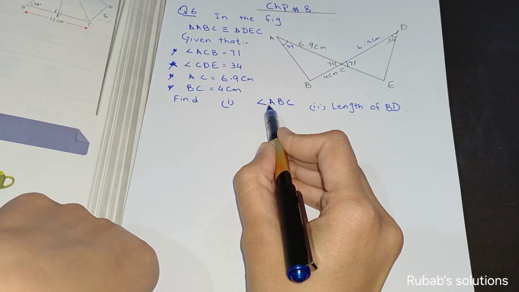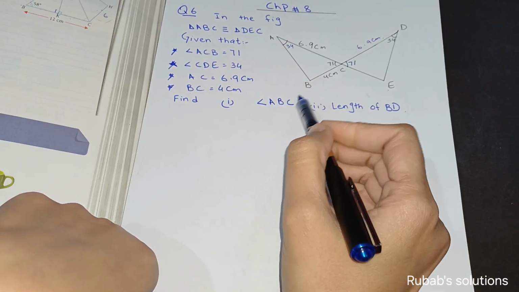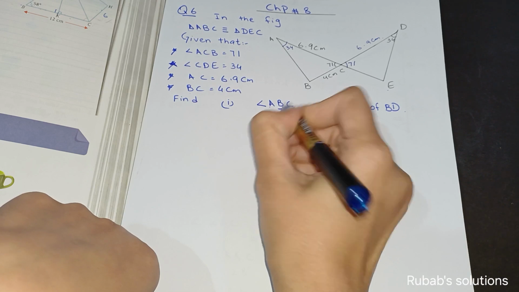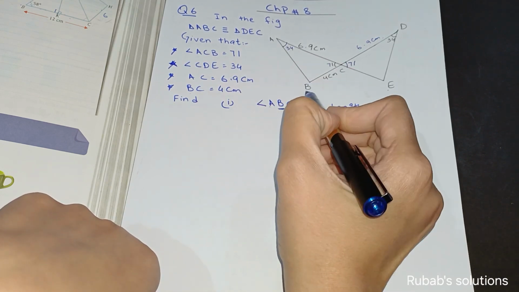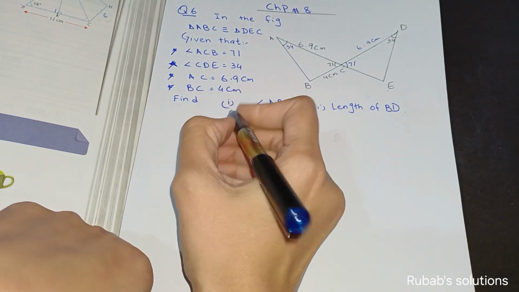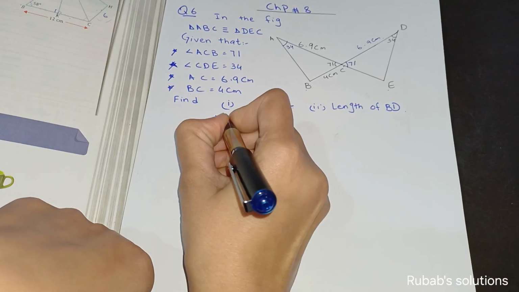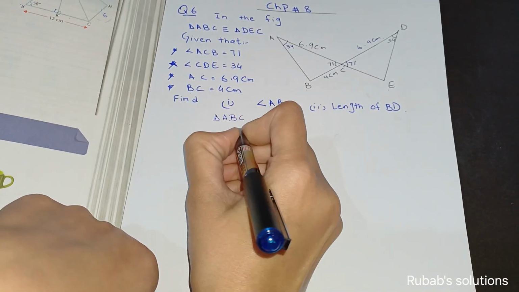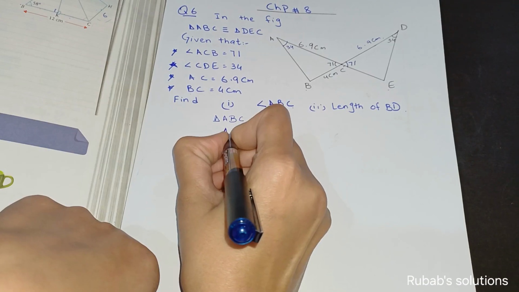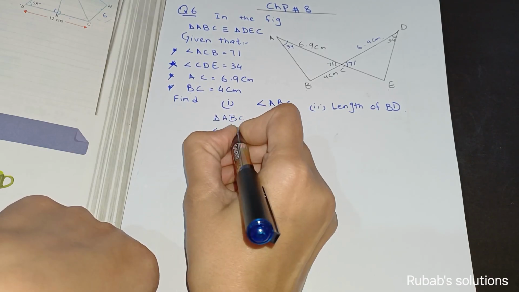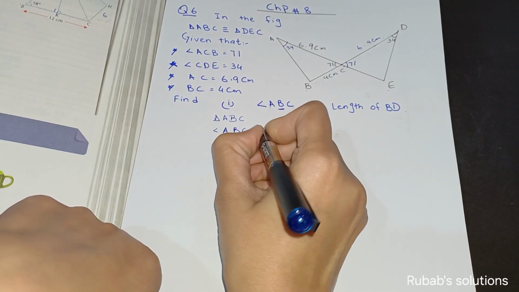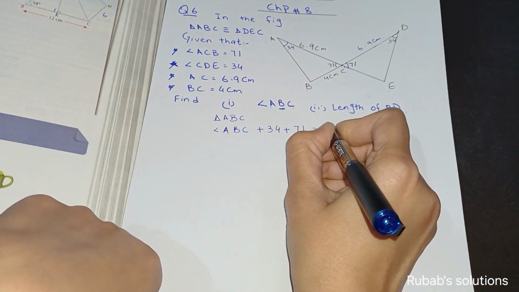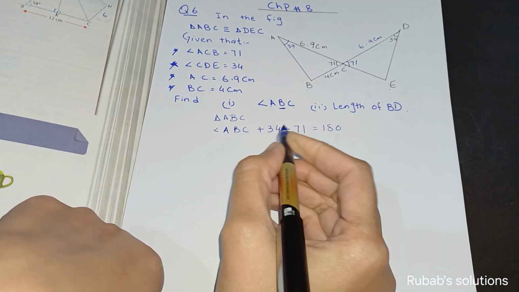Basically you have to find angle ABC. Angle ABC, that means at point B you have to find the angle ABC. So we are using the triangle rule, triangle ABC. In that we have angles given, so angle ABC plus 34 plus 71 is equal to 180, sum of angles in a triangle.